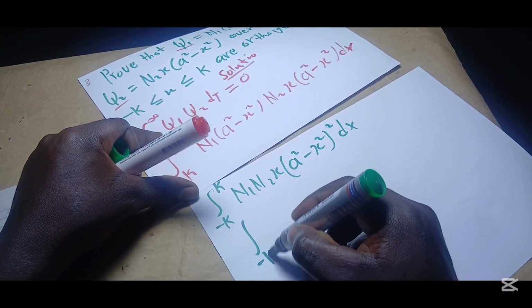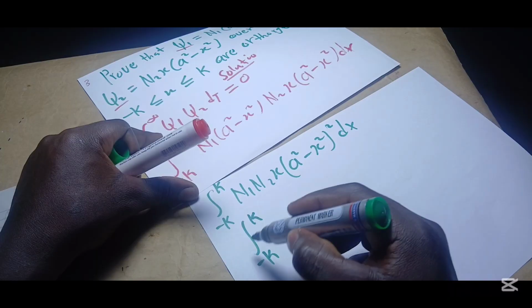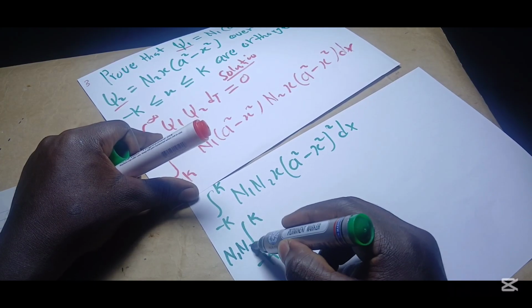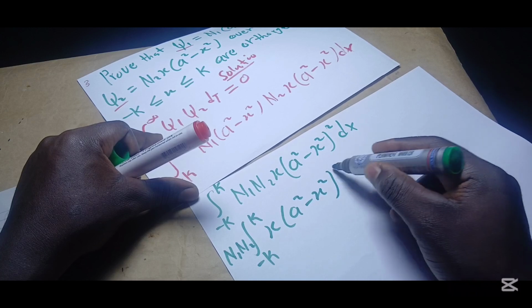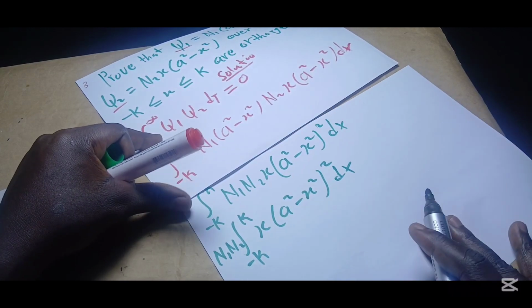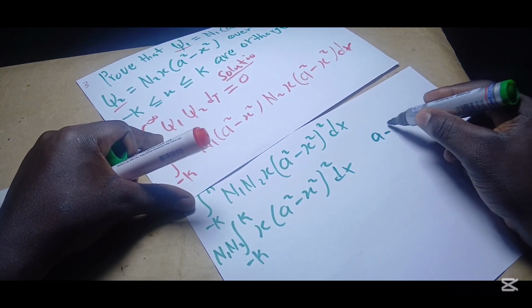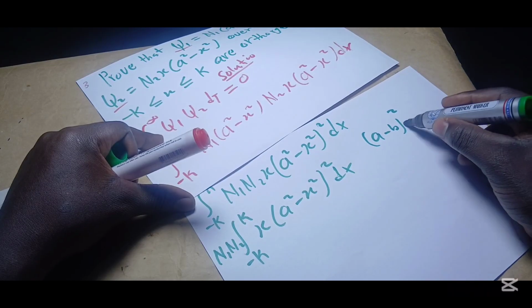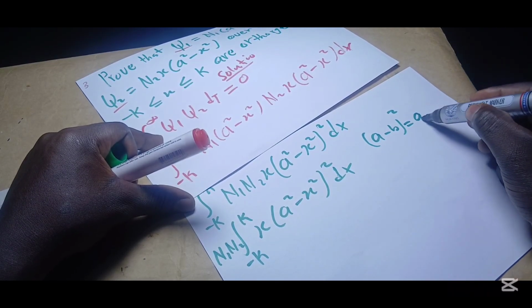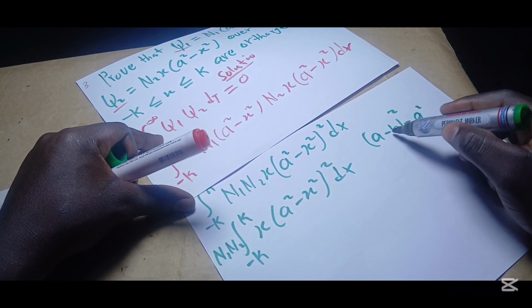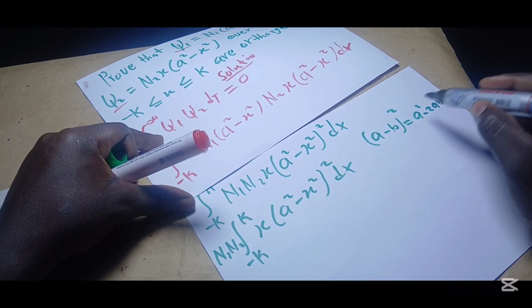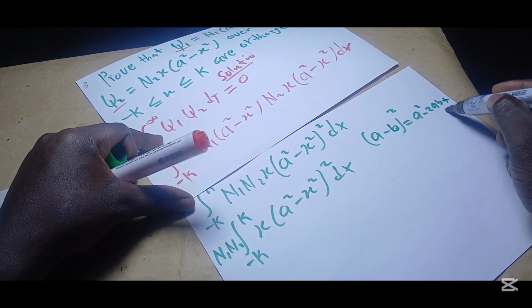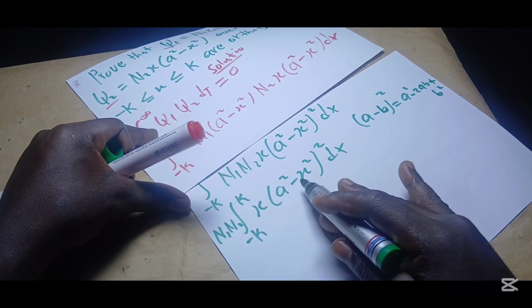So integral from negative k to positive k, N1 N2 then x into bracket a squared minus x squared all squared dx. If we have a minus b all squared, we can simplify it by squaring the first term, multiplying 2 by a by minus b, giving us minus 2ab, and lastly squaring the last term, which is b squared. So let's apply that here.